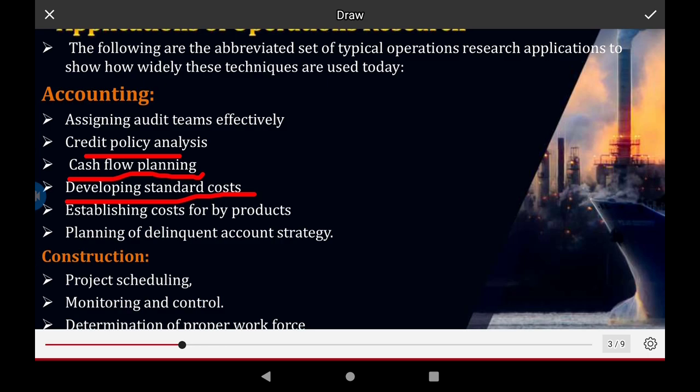Suppose Google Pay and other online apps and applications are used in banking systems. The app does not perform work according to your hand and your thinking.